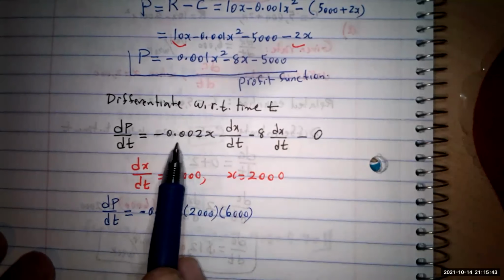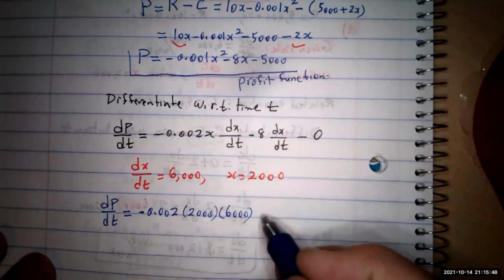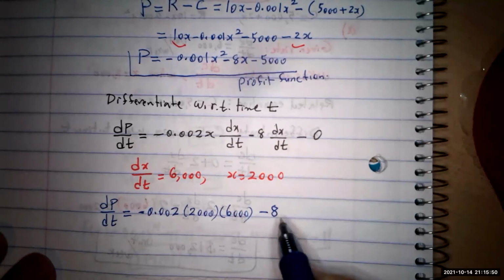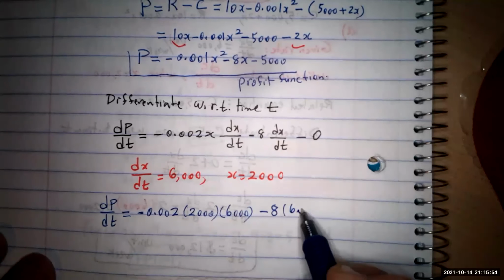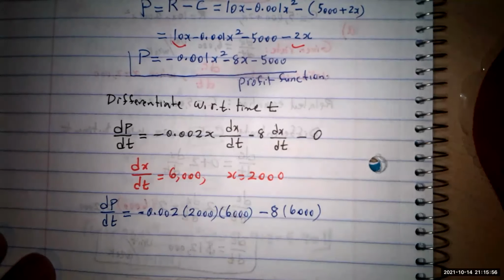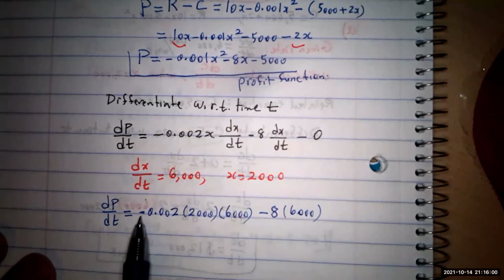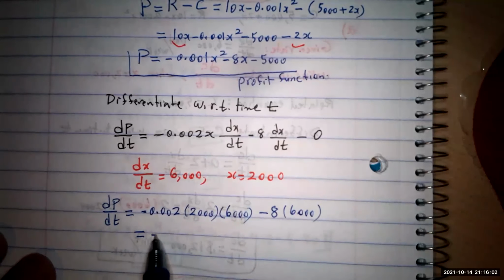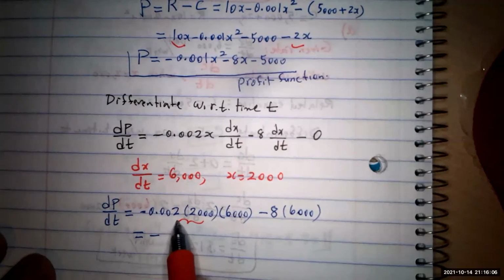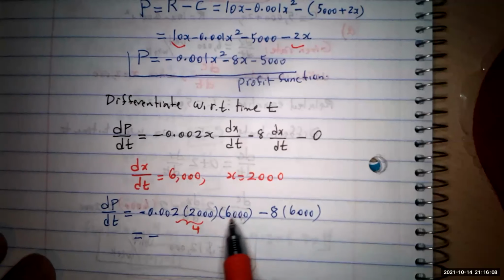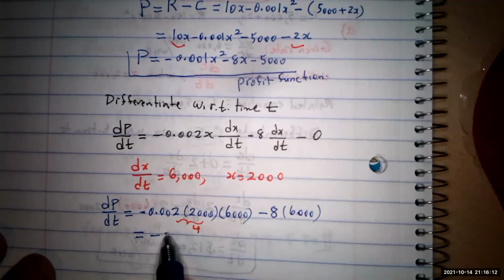That's it, minus 0.002x times dx/dt, minus 8 times the rate of x, which is 6,000 again. So simplify it. You have a negative sign here, that's going to be negative. Again, you multiply these two together, that gives you 4. Then 4 times 6 would be 24. So we get 24,000.